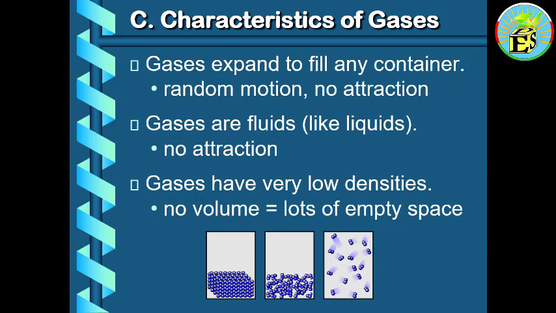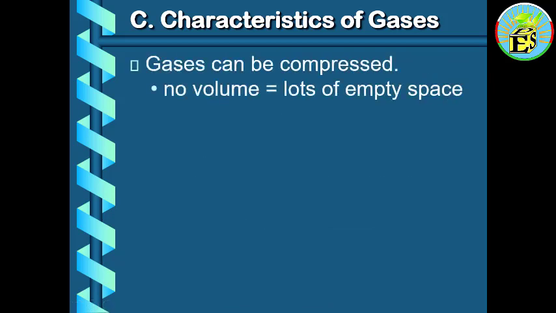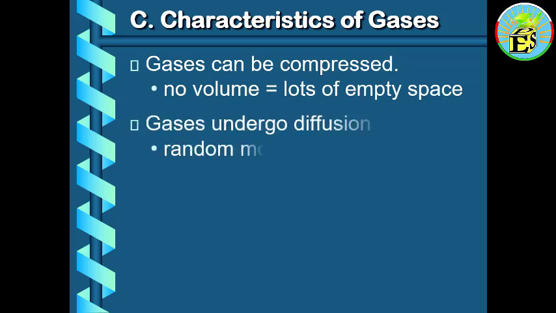So from all these postulates of characteristics of gases, we know that figure 3 represents the gas state of matter. Gases can be compressed. No volume, it means lots of empty space. We said it before.